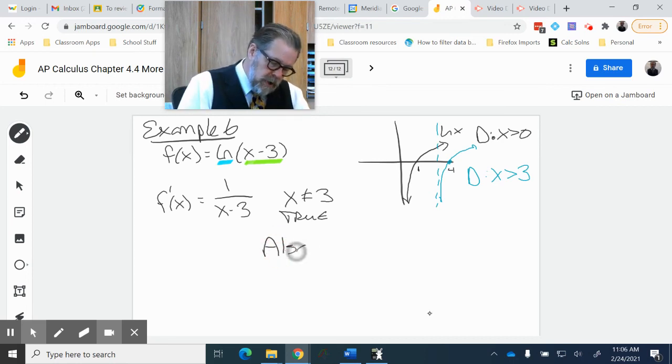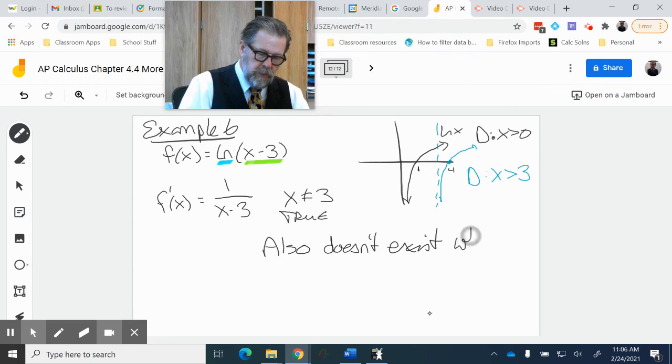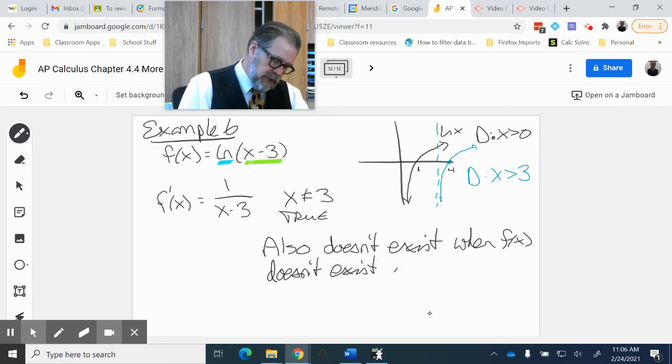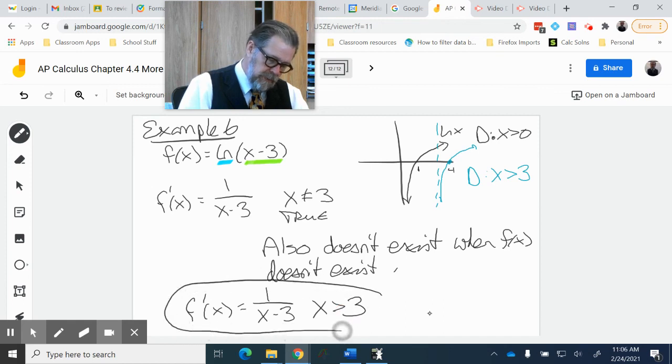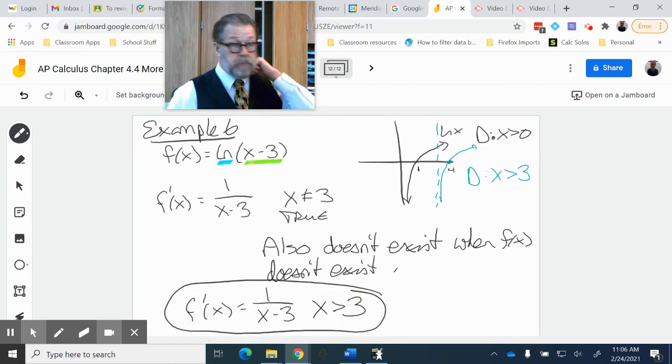But it also doesn't exist when f of x doesn't exist. Which means that actually the derivative is 1 over x minus 3 only for values of x greater than 3.